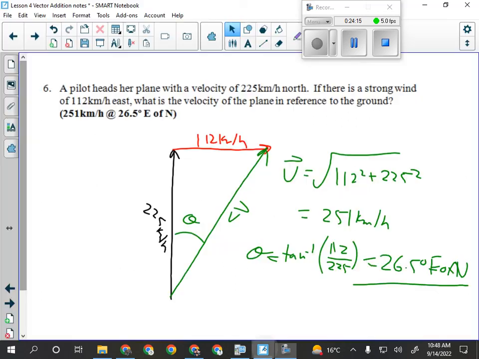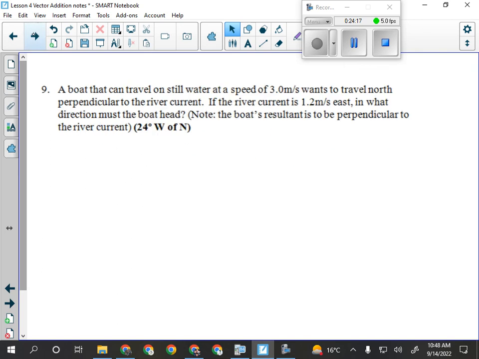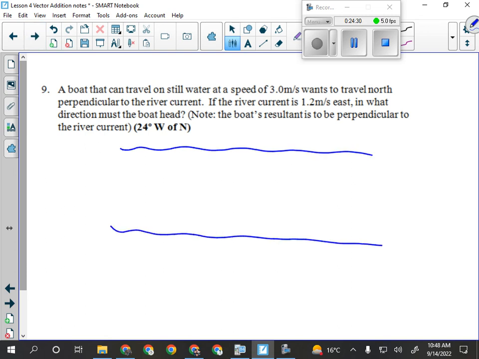Let's have a look at number 9, just because it's an example of that. A boat that can travel on still water at 3 meters per second wants to travel north perpendicular to the river's current. So here's the river. This would be north, straight across the river, because they told me it wants to go perpendicular to the current.